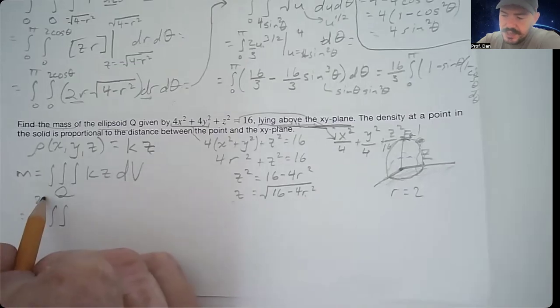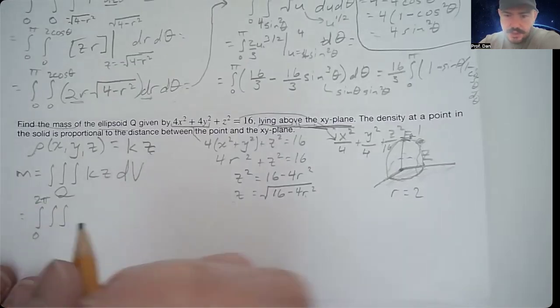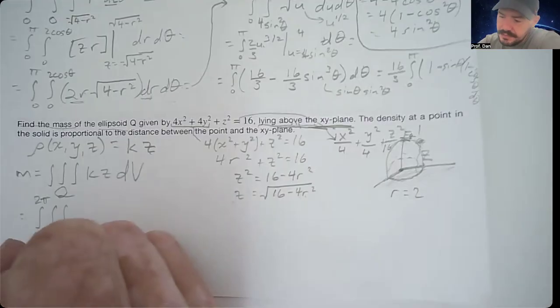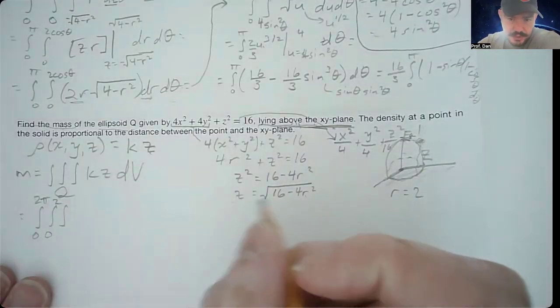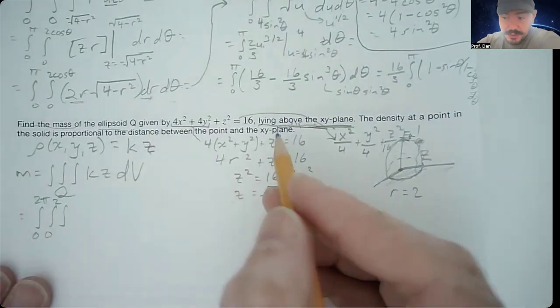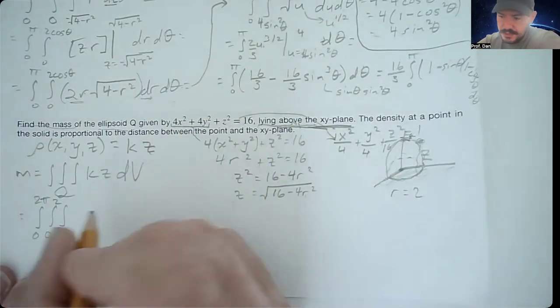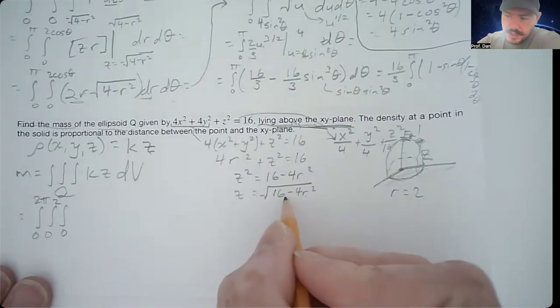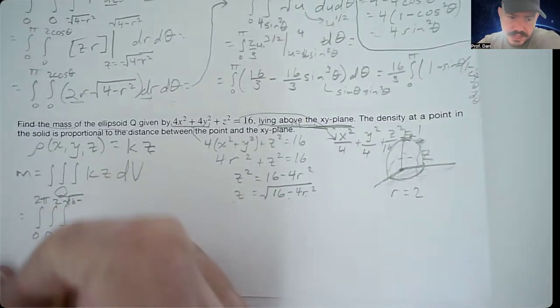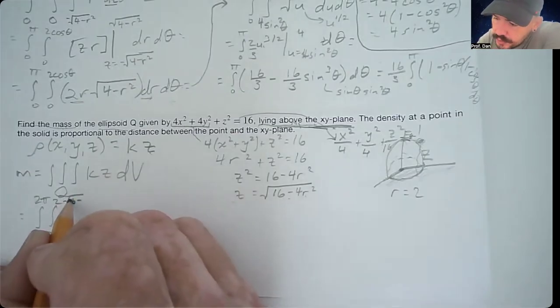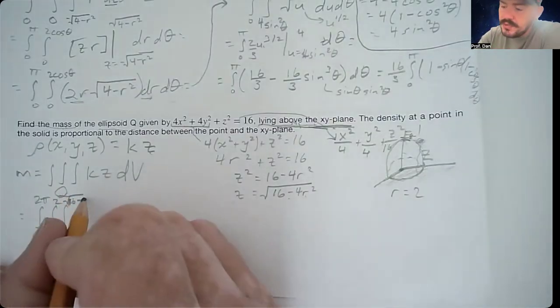So setting up my bounds, I know d theta is my outermost. We said that was going to range from 0 to 2 pi. I know r is my middle one, ranges from 0 to 2. Z is my innermost. And remember, we're only above the XY plane, so we go from 0 to that: square root of 16 minus 4r squared.